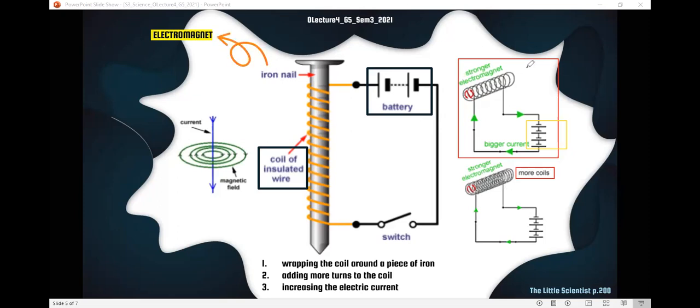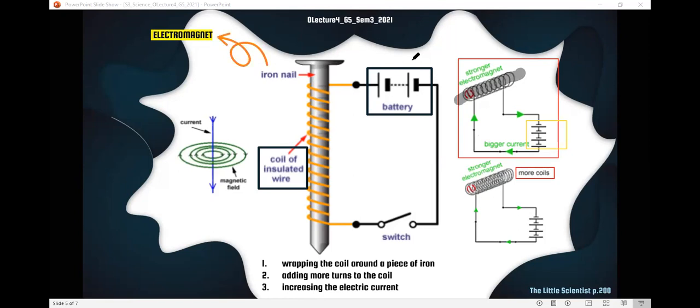Okay, you added coils, you added batteries. What is the third way to increase the power of your electromagnet? What can you do? Iron nail. Iron nail, excellent Majid. Put an iron nail in the middle.